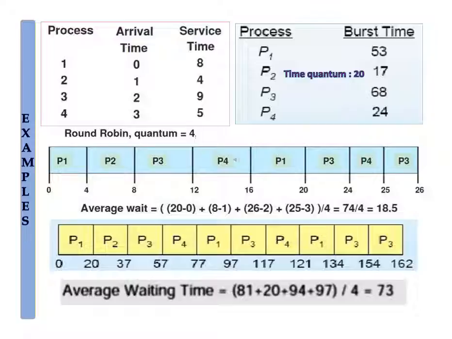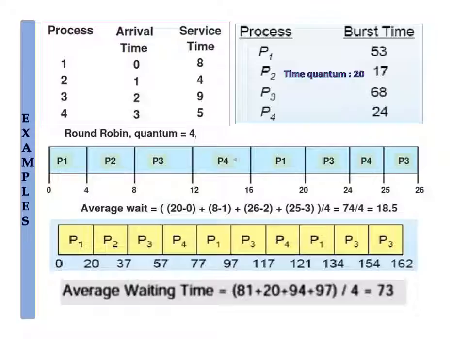And after using the round robin algorithm, with the time quantum given as 4 milliseconds, P1, P2, P3 are executed. After that P4 and P1, and the remaining ones are executed: P1, P3, P4, P3 like this.